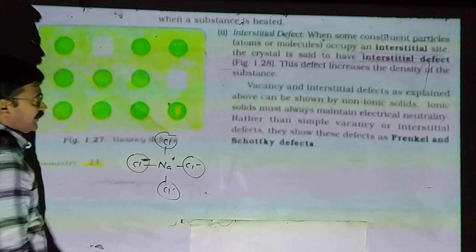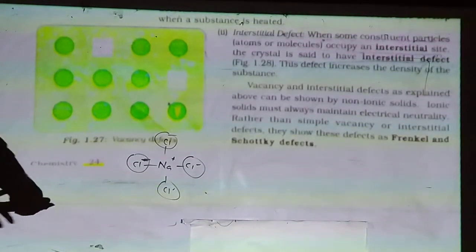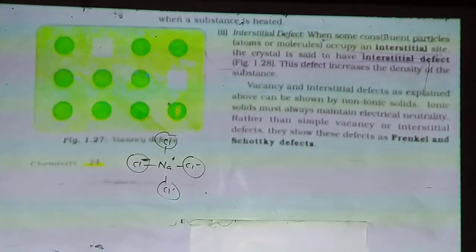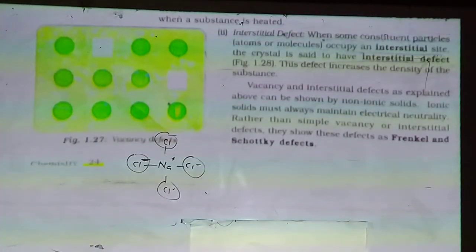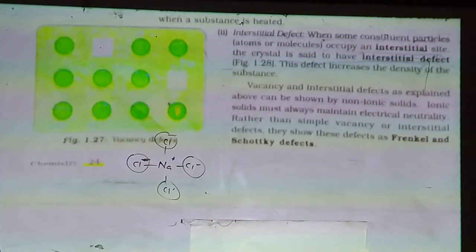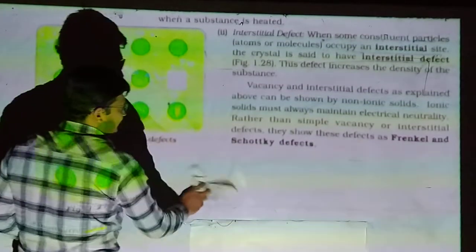So in an ionic compound, stoichiometric defect occurs, but it is called Frenkel and Schottky, not vacancy defect. The stoichiometric defect in a non-ionic solid is vacancy and interstitial. But if our crystal is ionic, then also stoichiometric defect occurs, but it is Frenkel and Schottky.